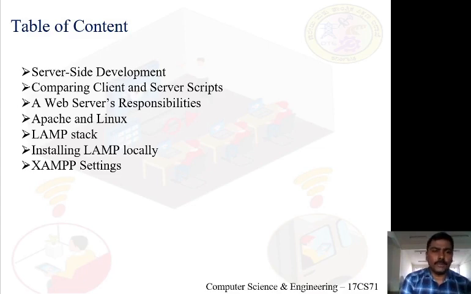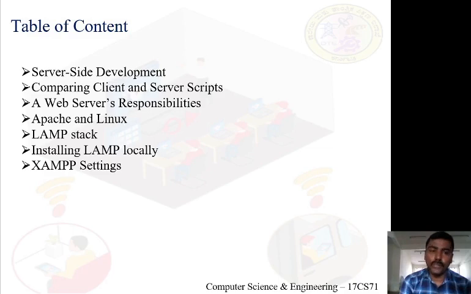Next, we'll see how to install LAMP or Apache. There are some other variants known as XAMPP and MAMP. From where we can download, and whether it's open source or a commercial one. If it's open source, from where we will download and how to install it.